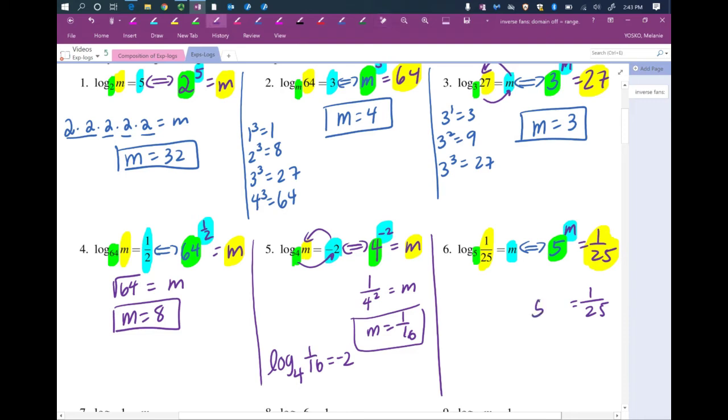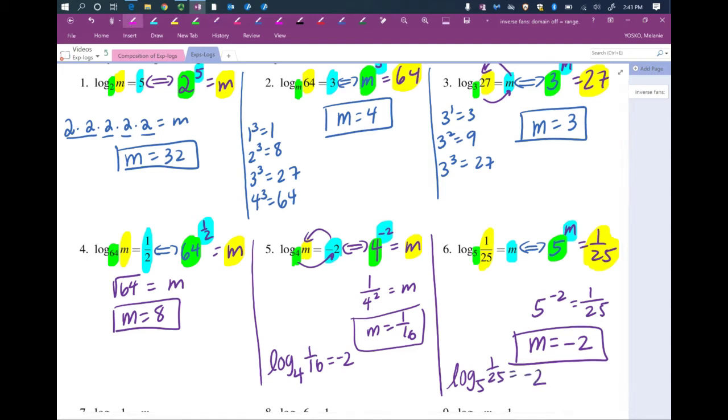So I could write this as 5 to the -2. So m is -2. Let me rewrite with the same process here. This is log base 5 of 1 over 25 equals -2. As I said before, if your base and your operand are different, one is an integer and one is a fraction, a rational number, your power will be a negative number. Let's try some more.